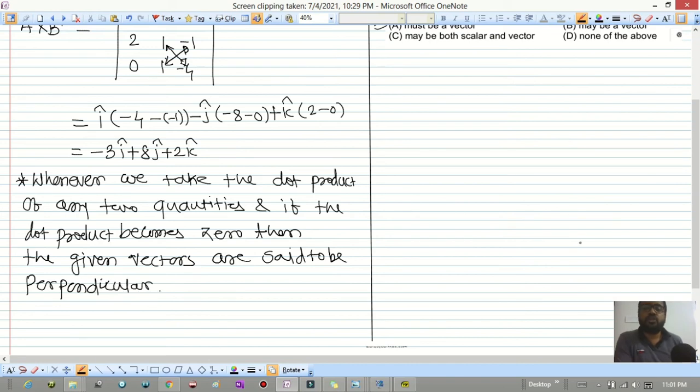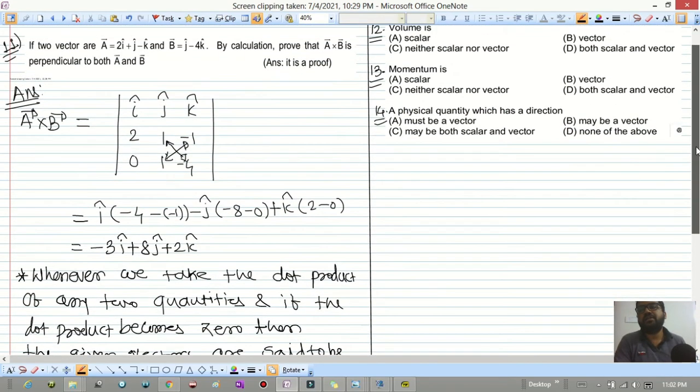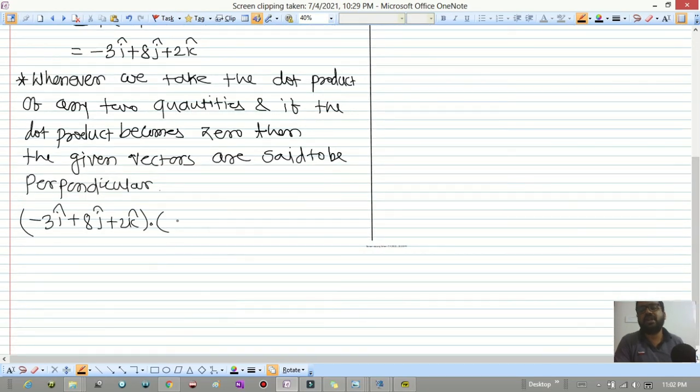Okay, now the given vectors are said to be perpendicular, right? So we have -3 i hat plus 8 j hat plus 2k hat, dot product with A bar, which is 2i hat plus j hat minus k hat.